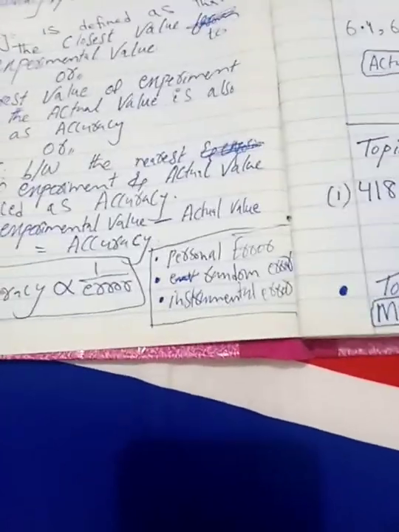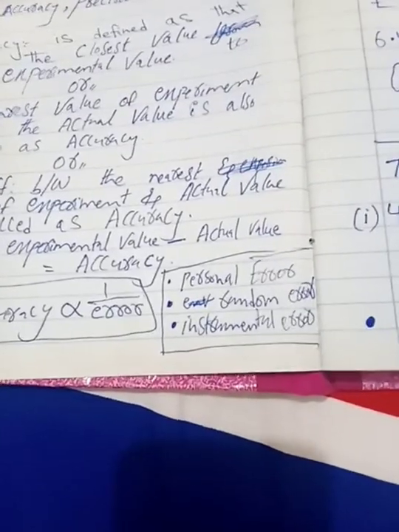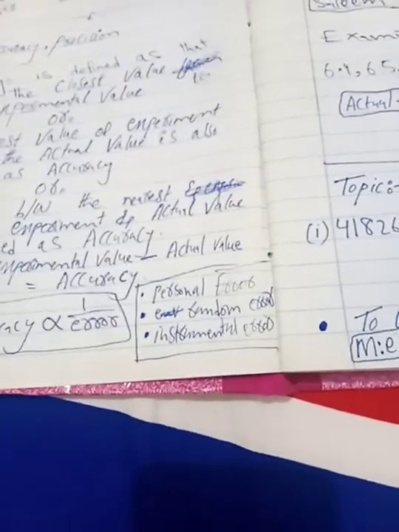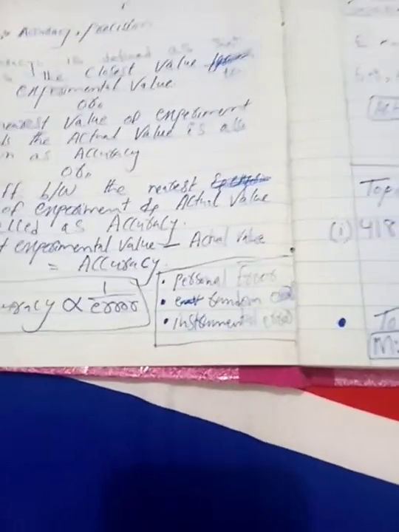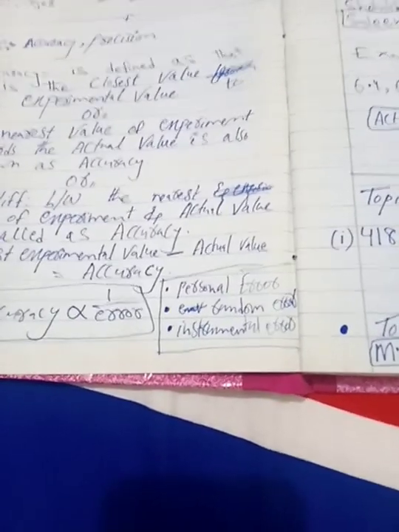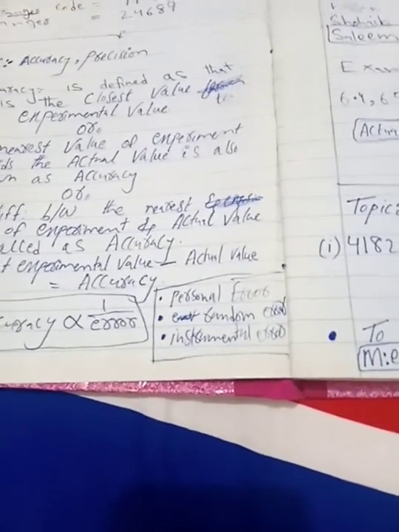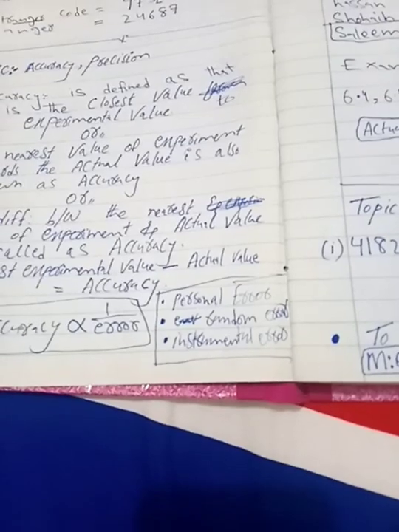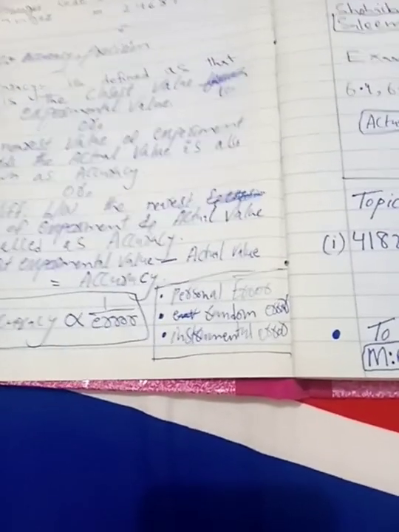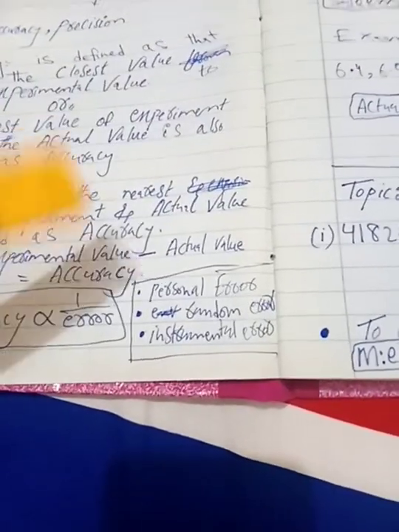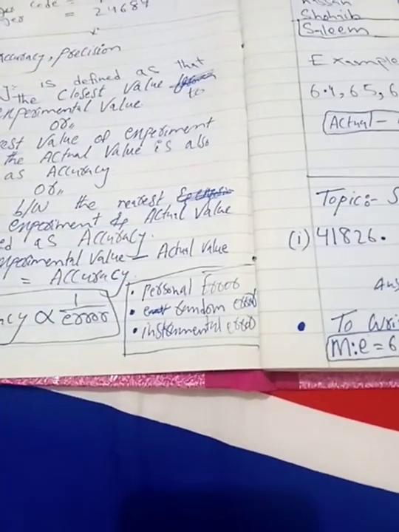There are three types of error. Number one is personal error, number two is random error, and number three is instrumental error. Personal error happens because of the mistake of the person who is taking the reading wrong, who doesn't know what the period is, what the instrument is, or how to calculate it. The other one is random error, which happens because of the temperature of the environment. If any error is there because of the environment, then we say it is random error.